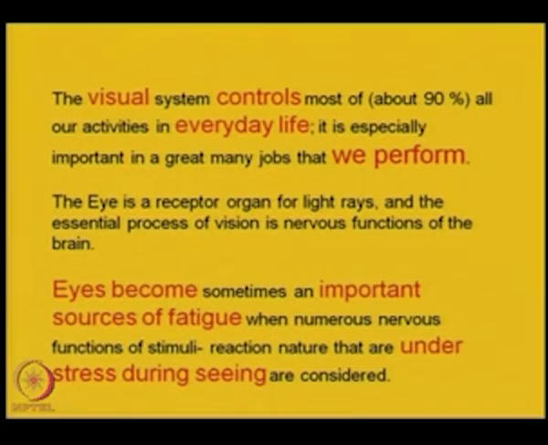So, the visual system controls about 90% of all our activities in everyday life. It is especially important in a great many jobs that we perform. The eye is a receptor organ for light rays only, and the essential process of vision is a nervous function of the brain.